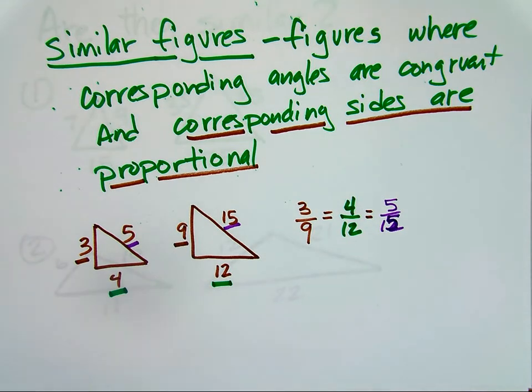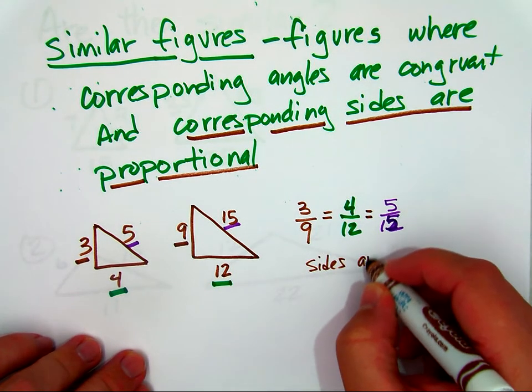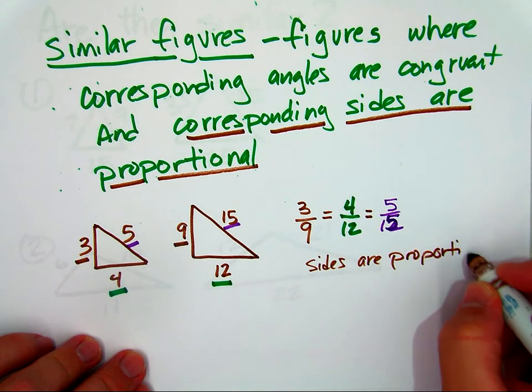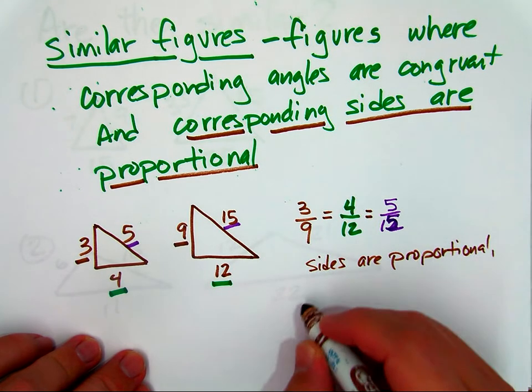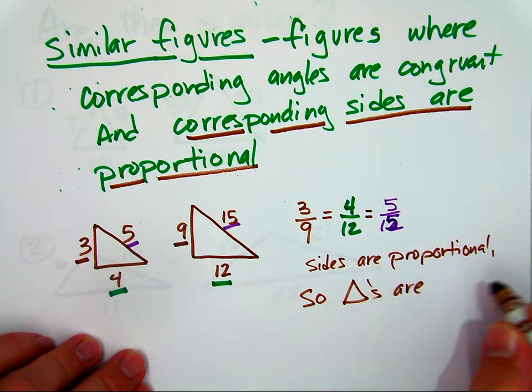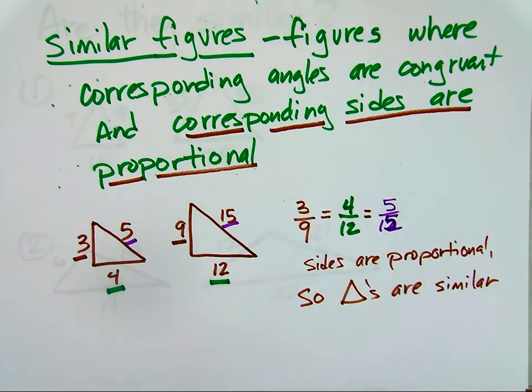Because all three of these are equal, the sides are proportional. So the triangles are similar. Now technically we have to make sure that our angles are congruent, but we're going to assume in this example that our angles are congruent and focus on the proportional sides.